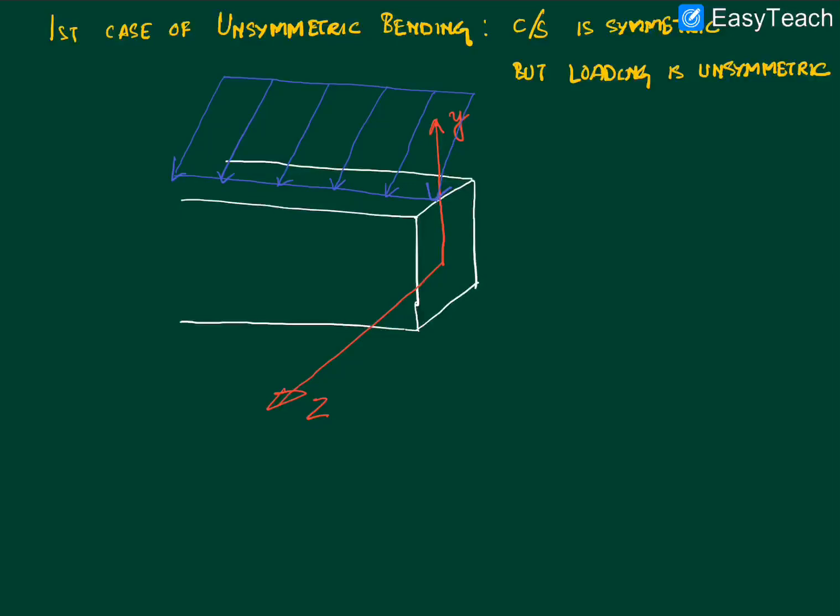The next case, the second case of unsymmetric bending that is possible, is where the cross section itself does not have any symmetry.